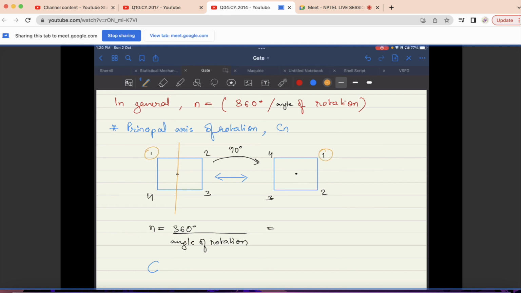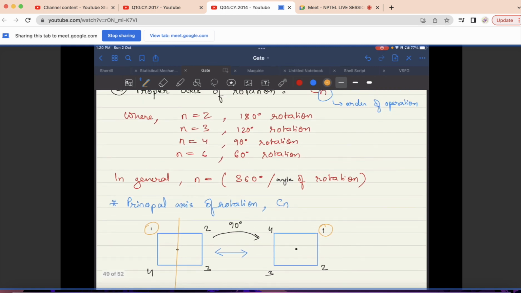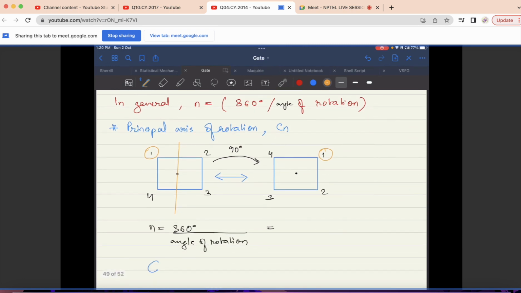I can do this 90-degree rotation up to 4 times and get the identity configuration. So n will be 360 divided by the angle of rotation, which is 90, so it will be 4. So my axis of rotation is denoted as C4. This is my principal axis, C4 here.